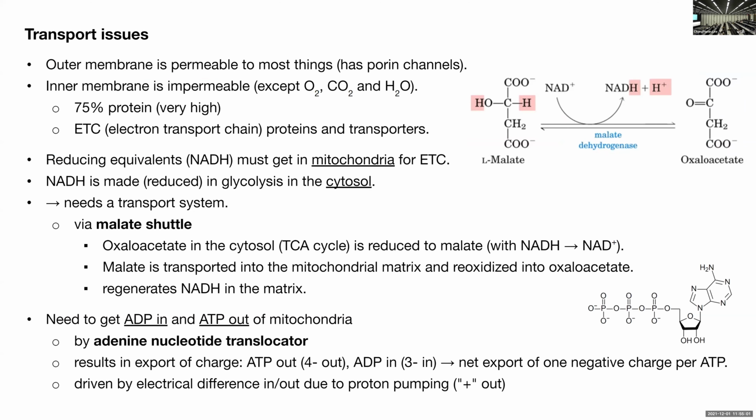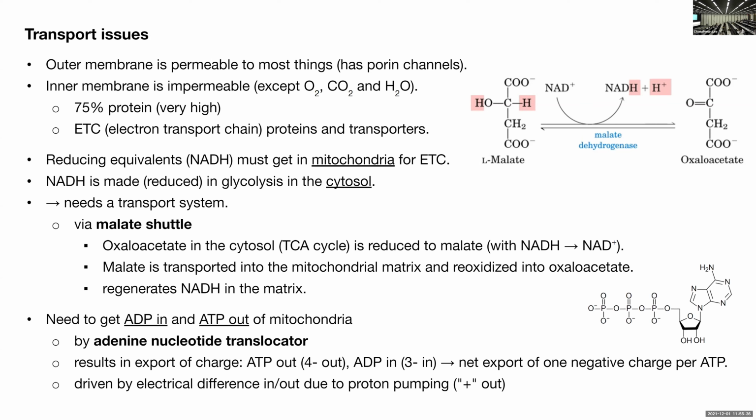All right, but there's a transportation issue here because, like I told you, the outer membrane is pretty permeable, so everything can just go through that. But the inner membrane is impermeable. There are a lot of proteins there, especially involved in the electron transport chain. But when you think of a coenzyme like NADH, which is a reducing equivalent, NADH is the reduced form of NAD plus, right?